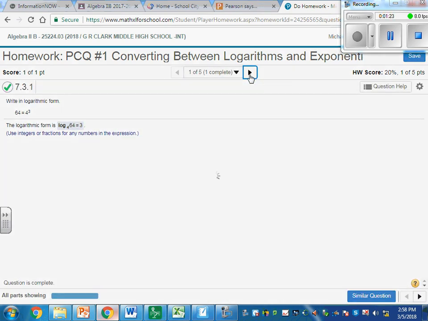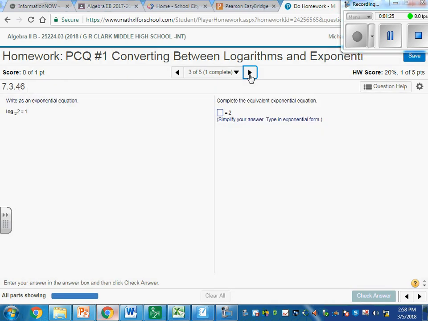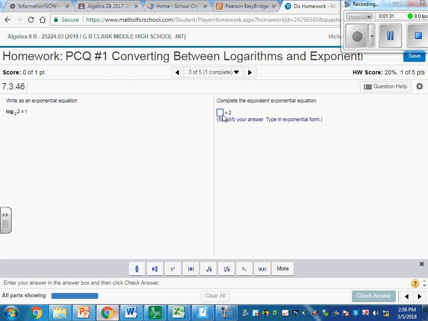All right, let's do one going the other way, where they give you the logarithm and you have to type in the exponential. All right, what's my base? Log base b. My base is 2, this little 2. What's my exponent? My exponent is going to be on the other side of the equal sign.